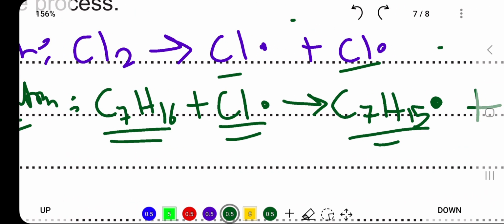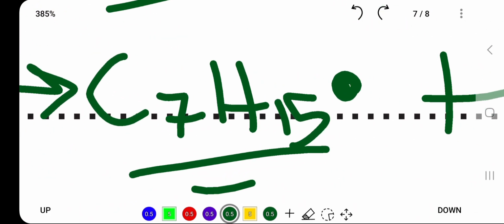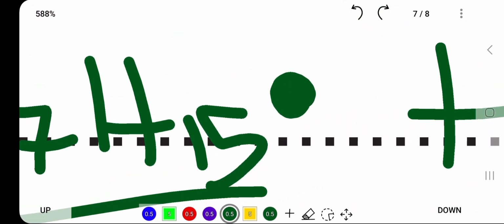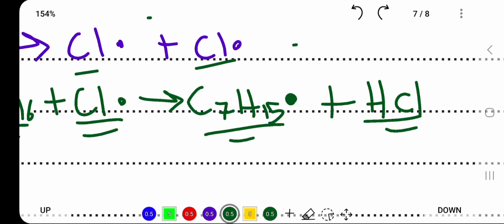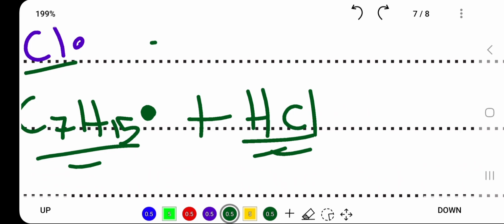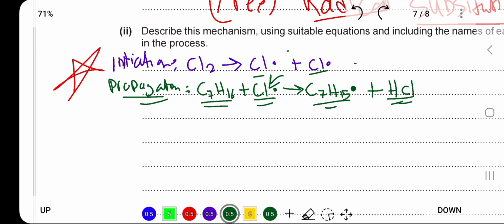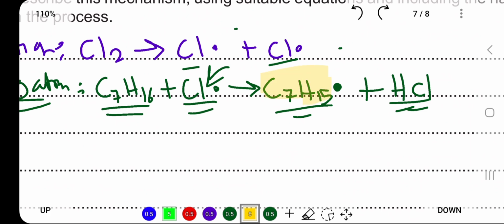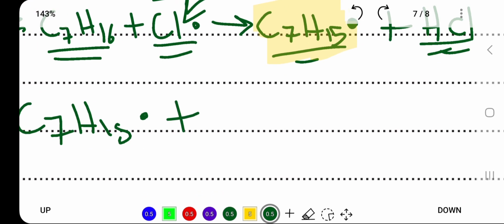Okay. So what happened is basically C7H16 becomes C7H15 radical, and then the hydrogen from the C7H16 came into the Cl radical to give you HCl. First one. Now this again will be reacting: C7H15 radical will react with a normal one.